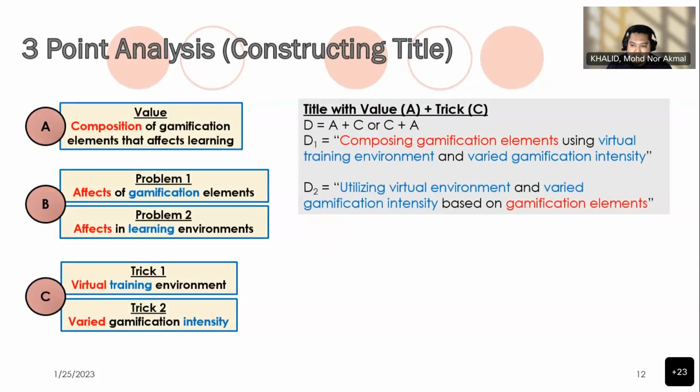In reverse order doesn't matter, but of course it affects how you represent your elements, meaning that you want to focus on gamification or you want to focus on, let's say, the method itself. So this is just one example.